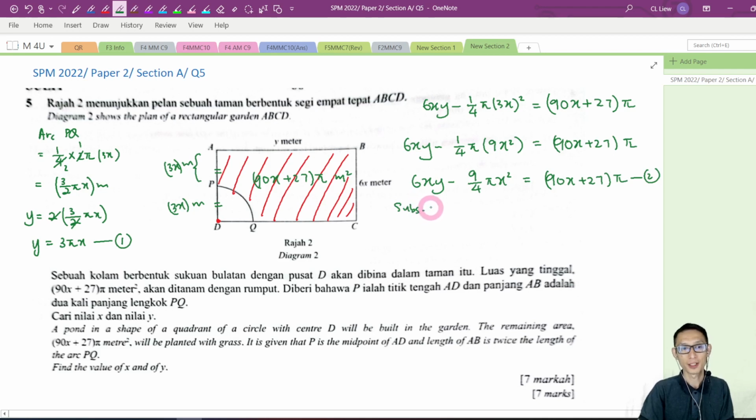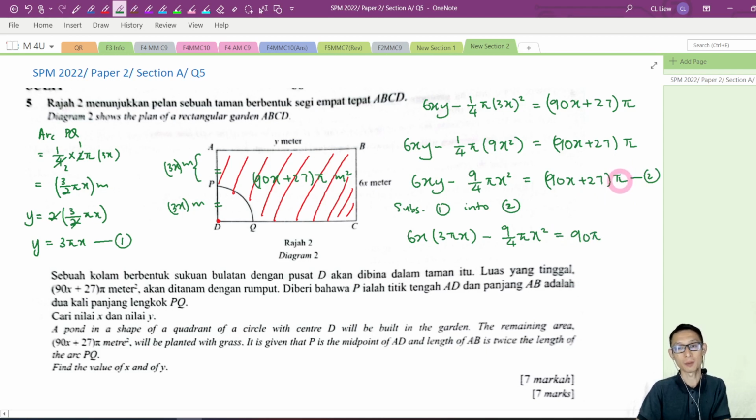Substitute the first equation into the second equation. 6xy, 6 x 3 pi x, minus 9 over 4 pi x squared is equal to 90x plus 27 pi. If you want to multiply, you can multiply. If you don't want to, you can keep it outside, it's okay.